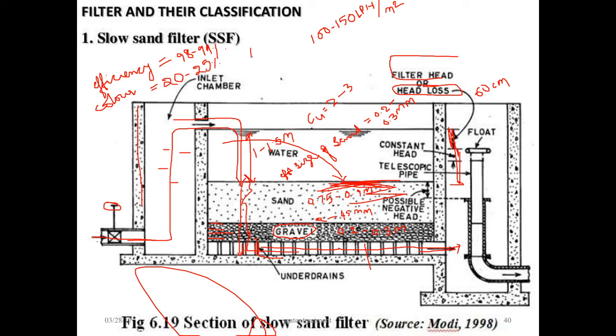Turbidity removal, how much? Turbidity removal is 90 to 95%.